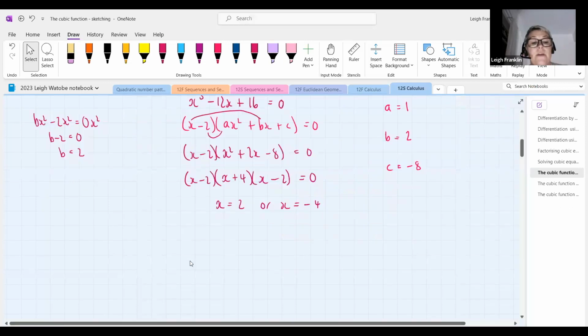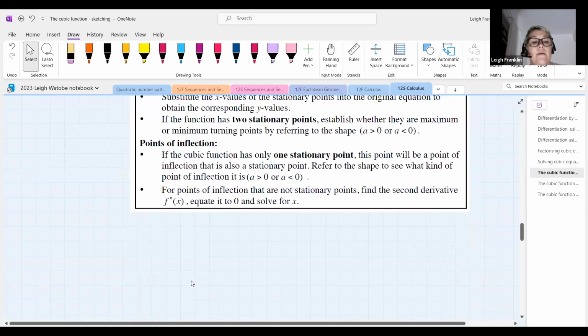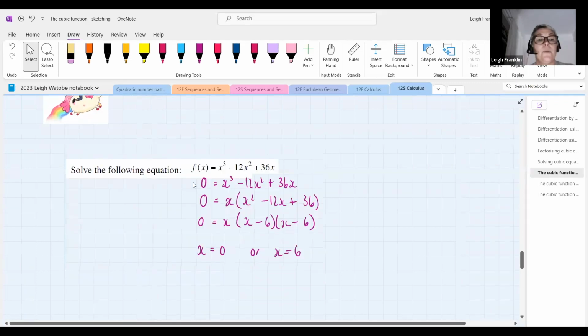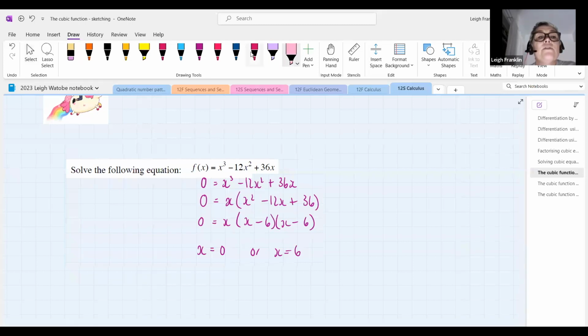Just make life easier than writing it all over again. Okay, so here we made y equal to 0. We solved for x. So this was us solving our x-intercepts.